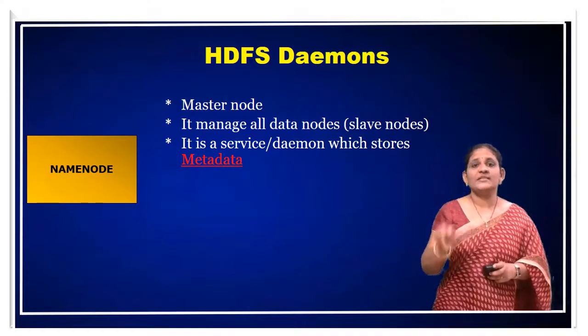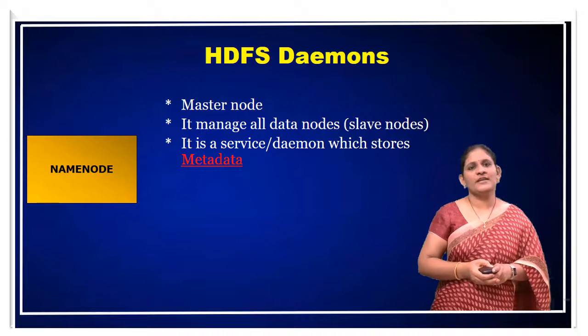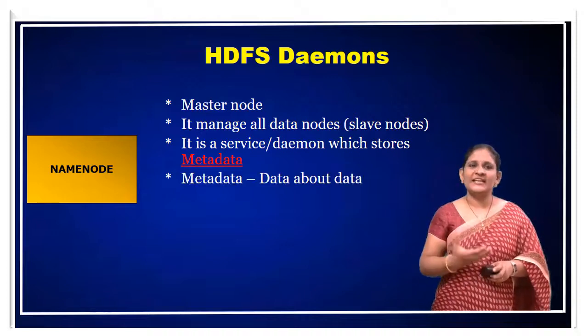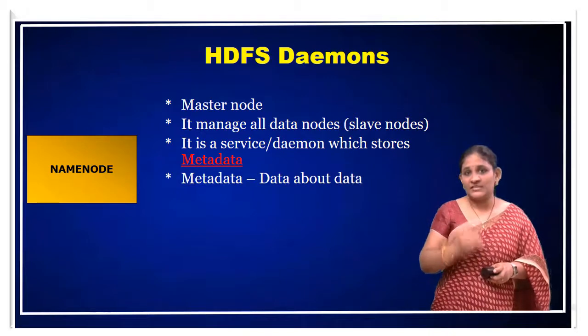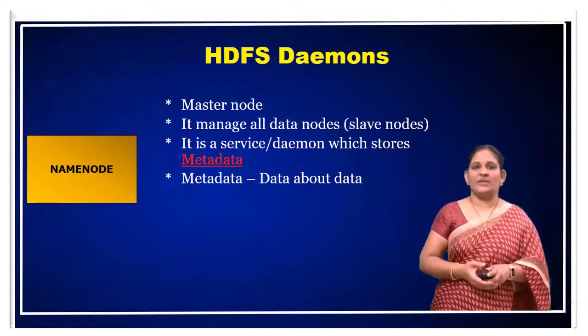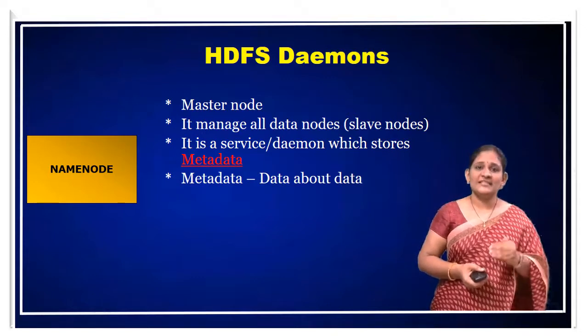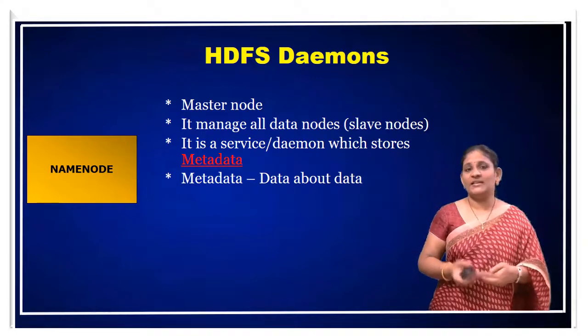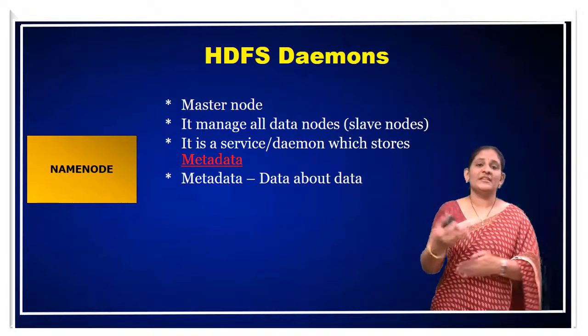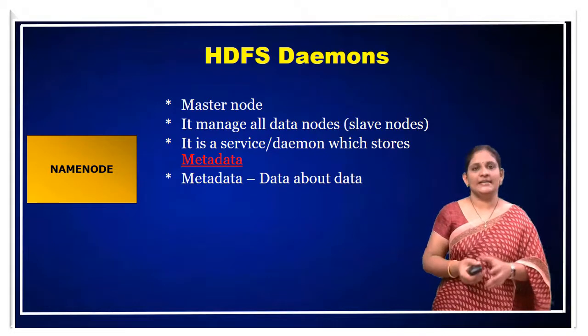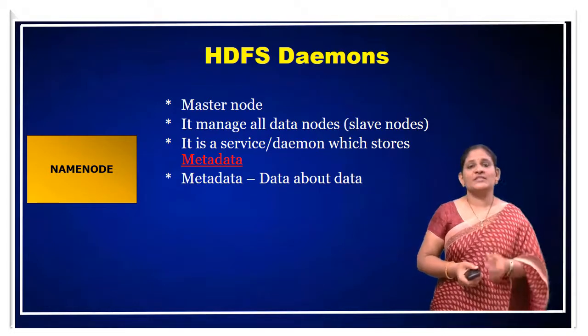The data which describes another data is known as metadata. Which data is this metadata describing? That is the question, isn't it? The NameNode maintains metadata, meaning the data about another data, and that other data is the original data.